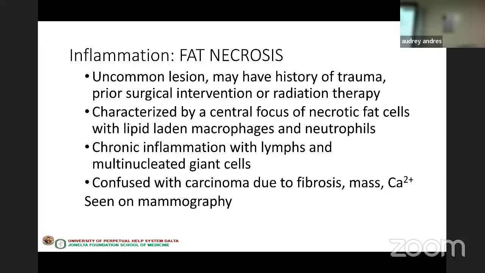So there's chronic inflammation leading to cysts. This is commonly confused with carcinoma due to fibrosis because there's disordered mass and there's calcification seen on the mammogram. So be careful, especially if it's benign.